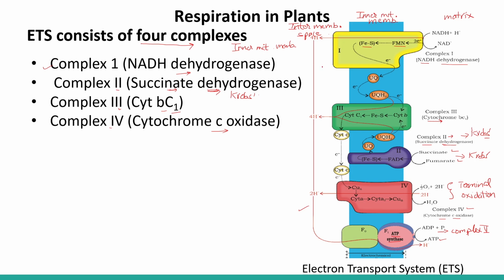So these are the protein complexes, and all these are the electron carriers as well as hydrogen carriers. These complexes act as the electron and hydrogen carriers, and you can see what is happening.